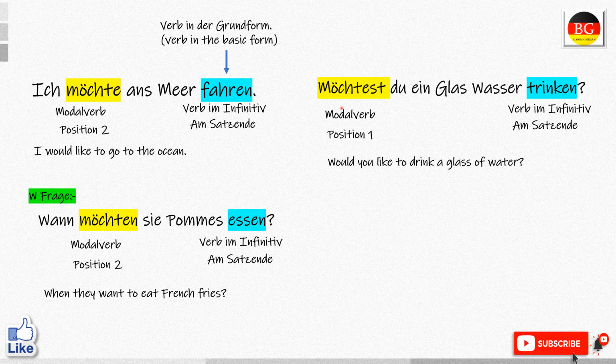Let's see the rule: modal verb in conjugated form plus subject plus object plus main verb in infinitive. If I want to give the answer yes: ja, ich möchte ein Glas Wasser trinken. If the answer is no, then: nein, ich möchte nicht ein Glas Wasser trinken.